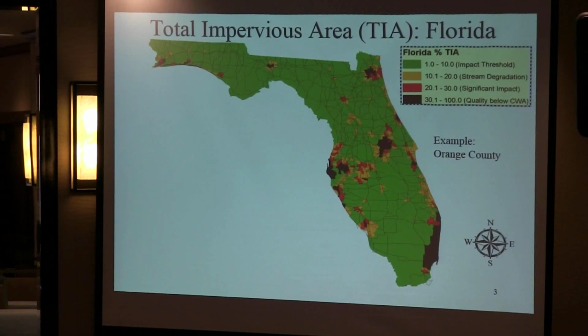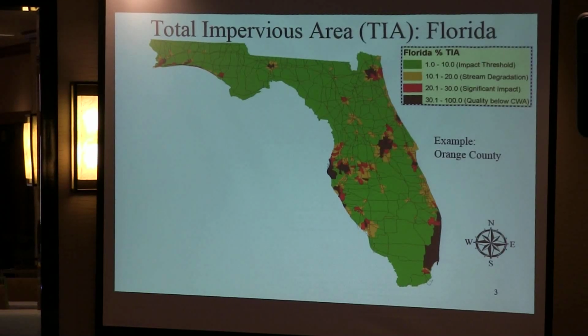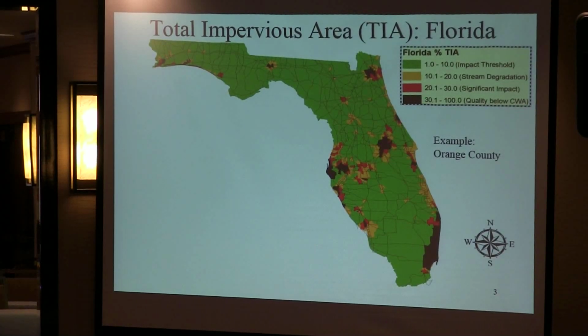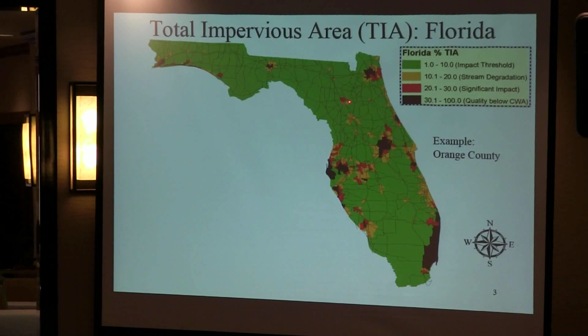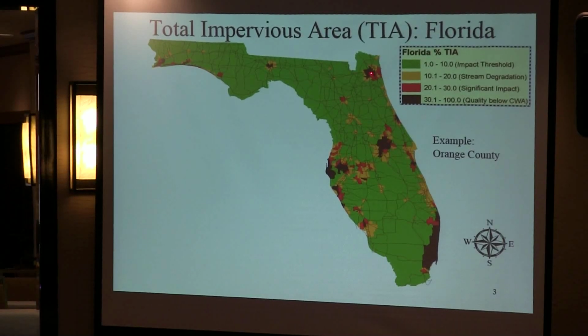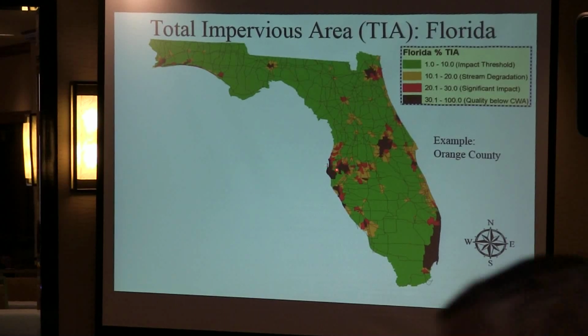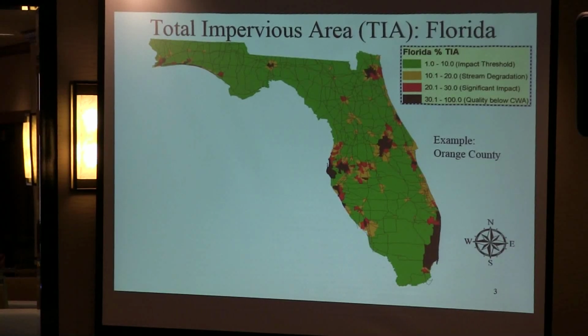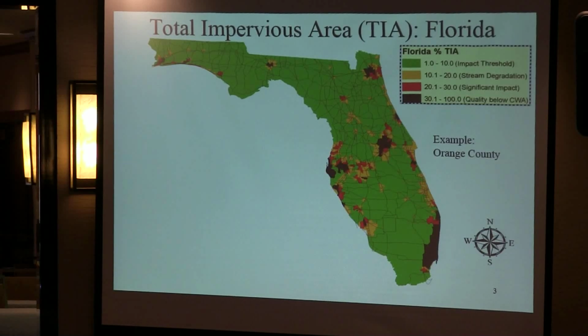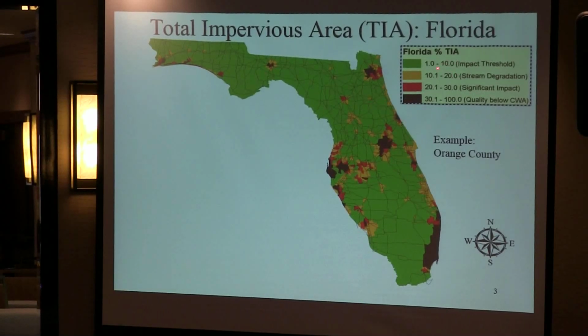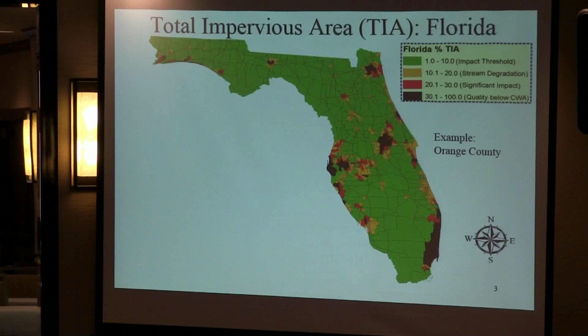So let's look at impervious areas, and I'm going to use the example of the state of Florida, where I live. Here's the University of Florida. Here's Jacksonville, Tallahassee, Orlando, Tampa, Miami. As you go from green all the way to black, you have higher imperviousness.